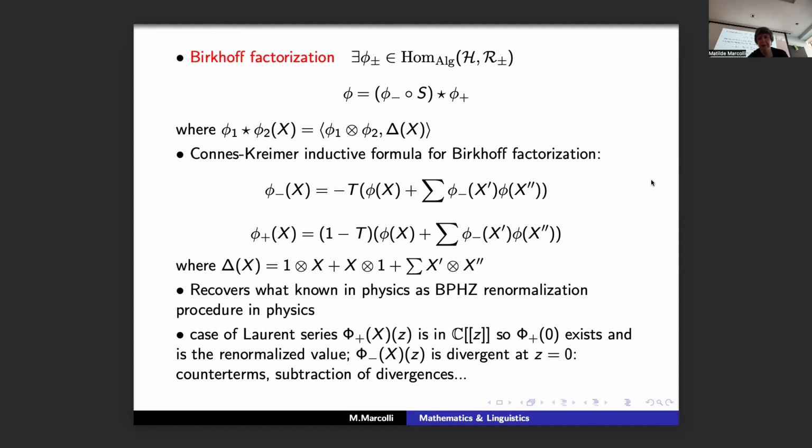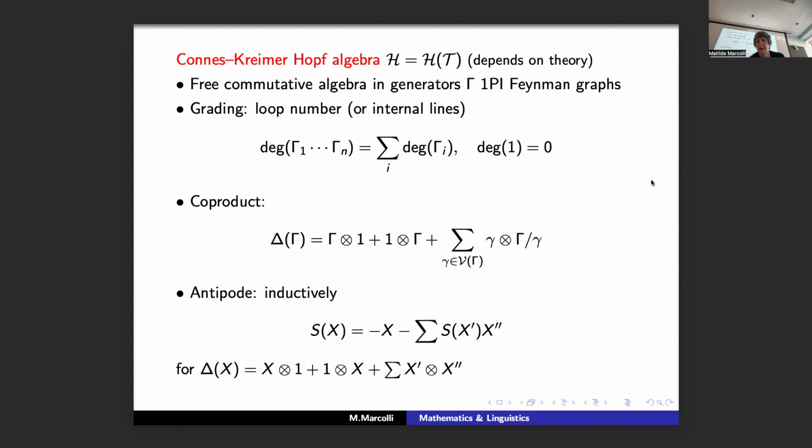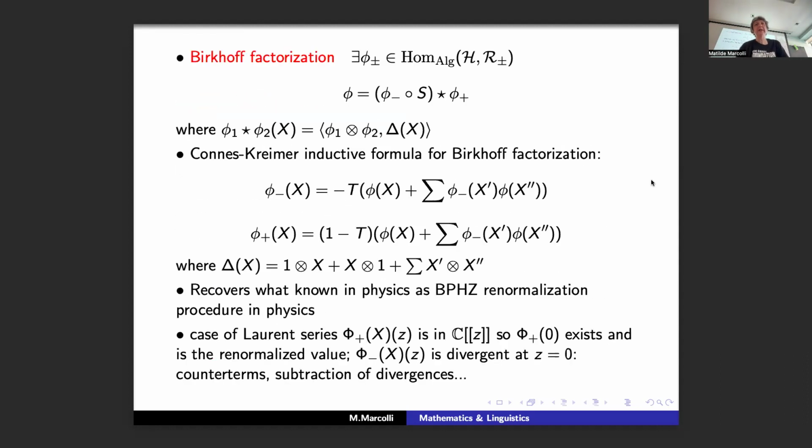But the antipode has this form, right? And so when you compose phi minus with the antipode, you are applying phi minus to all of these things. So that's why you necessarily get something of this form. And in fact, this is the only way, up to a normalization constant, that you can obtain that factorization.